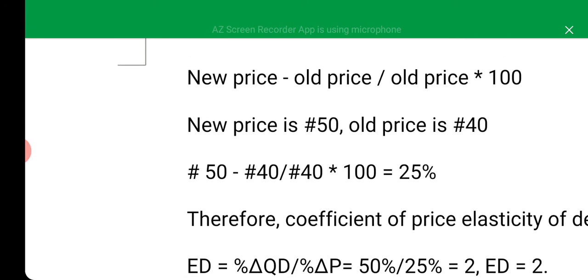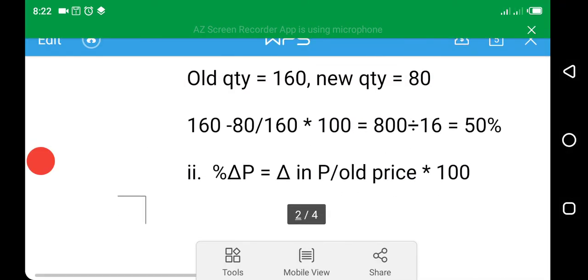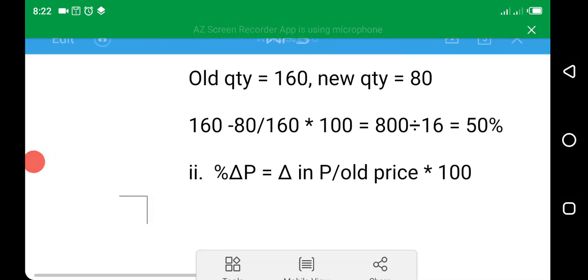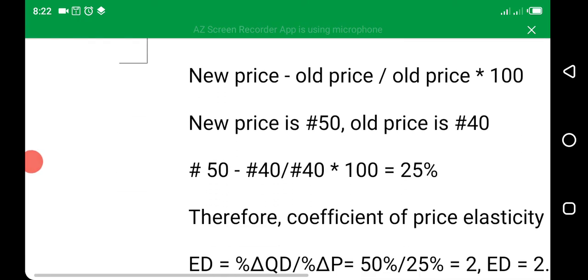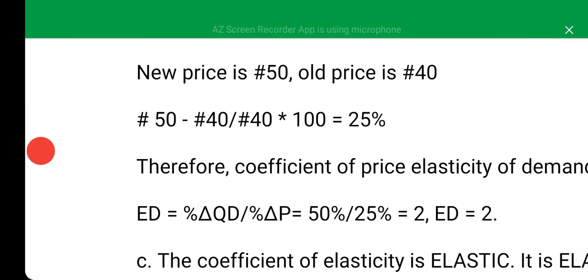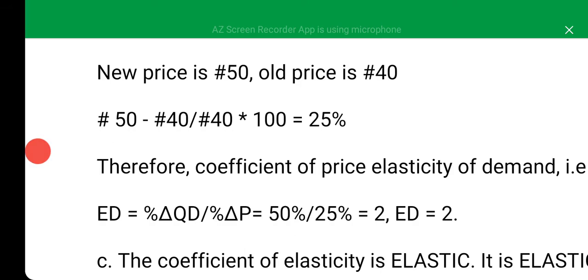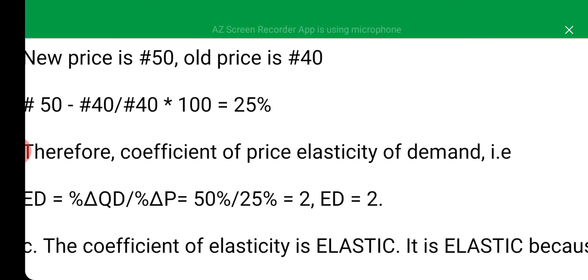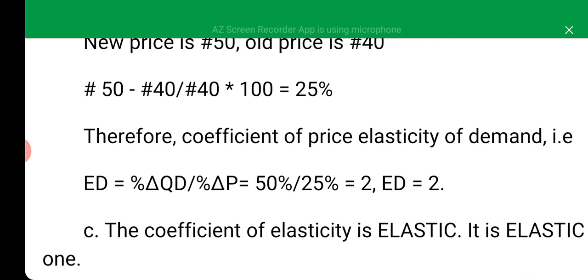You have known the percentage change in quantity demanded to be 50%, then you've just calculated the percentage change in price to be 25%. Therefore, go back to your formula. Coefficient of price elasticity of demand, ED, is equal to percentage change in quantity demanded divided by percentage change in price.